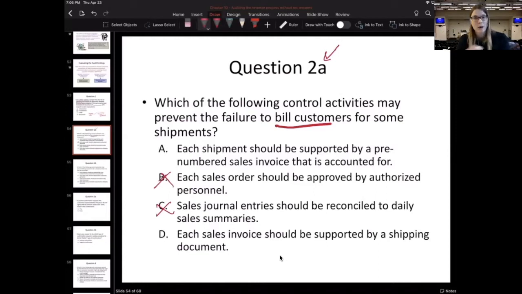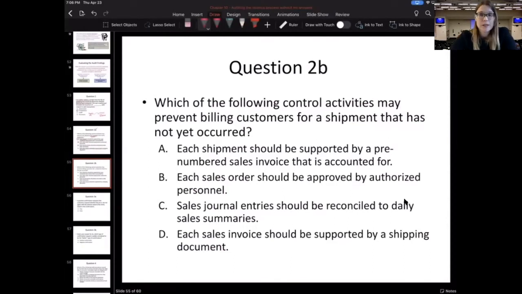You can see why I had to create question 2B, which flip-flops this. Question 2B says, which of the following control activities may prevent billing customers for a shipment that has not yet occurred? All right, so I want to make sure that I don't charge you for something I haven't shipped yet.